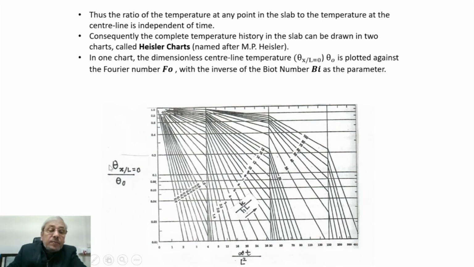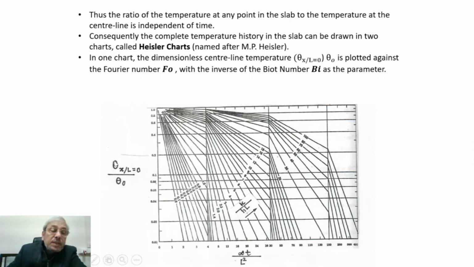So this is x by L equal to 0, theta at the center line divided by theta naught, that means initial temperature minus the final temperature T at the surface.